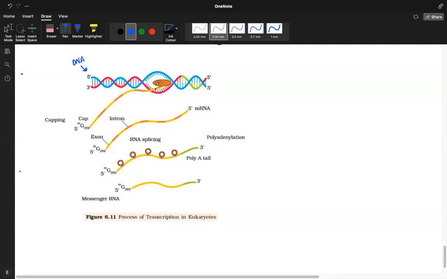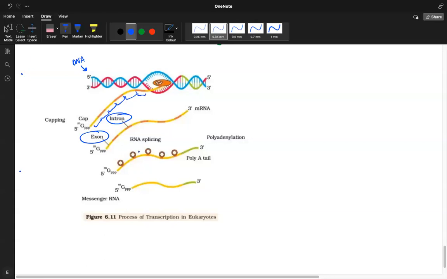But what you should pay attention to is this RNA that's coming out, right? So this RNA that's coming out, you can see that it has two different colored regions. One is yellow, orange, yellow, orange, yellow, orange, right? It comes like this. And the yellow one is marked here as exons. And the orange ones are introns. And you know that ultimately these introns have to be removed.